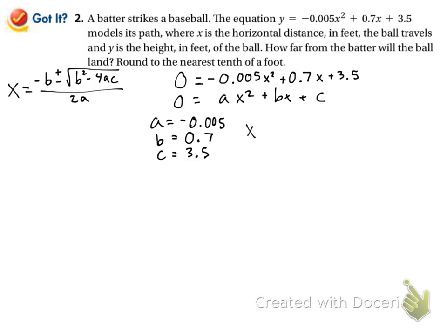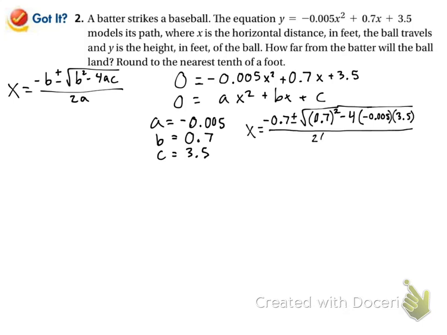So x is equal to negative b, so negative 0.7, plus or minus the square root of b squared minus 4 times a times c, all over 2a.